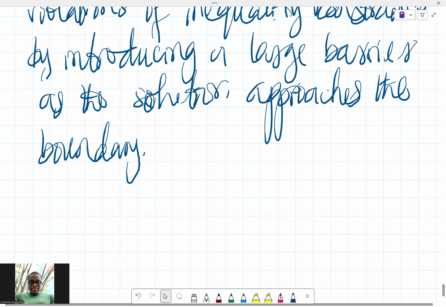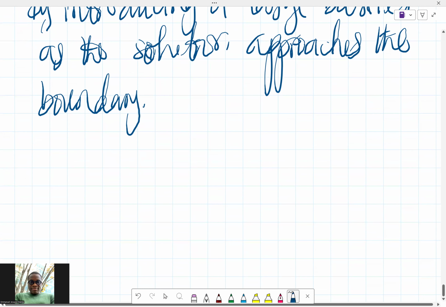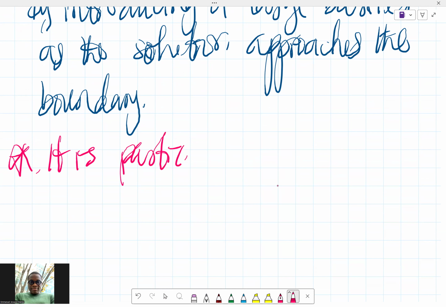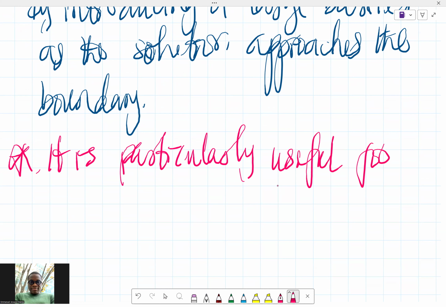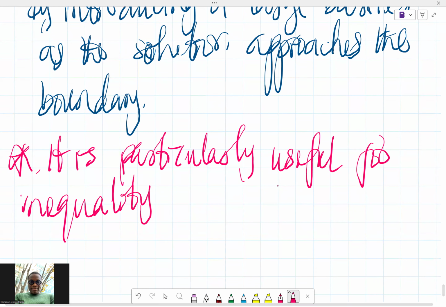Okay, that's one point. Another point would be that it is particularly useful for inequality constraints. You see that here we've not talked about equality constraints. So that's why we didn't bother about equality constraint.